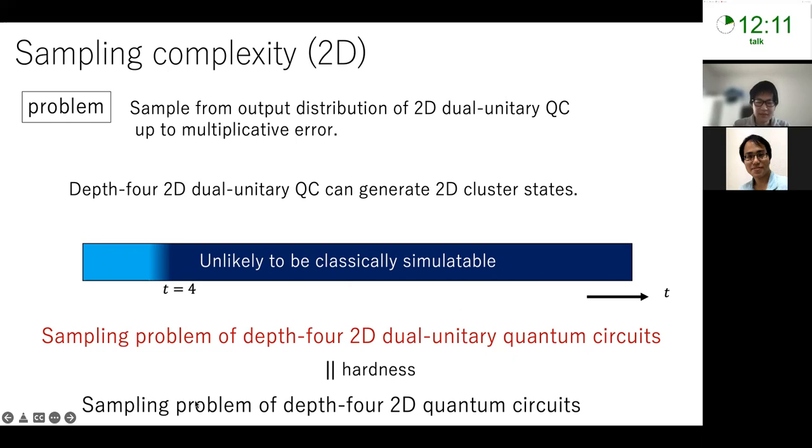And it's known that the sampling problem of this depth 4 2D general quantum circuit is classically hard, which means that the hardness of sampling problem of 2D dual unitary quantum circuit is in this sense equivalent to the sampling problem of general quantum circuit. Yeah, it means that the transitional point is very similar to general quantum circuit.